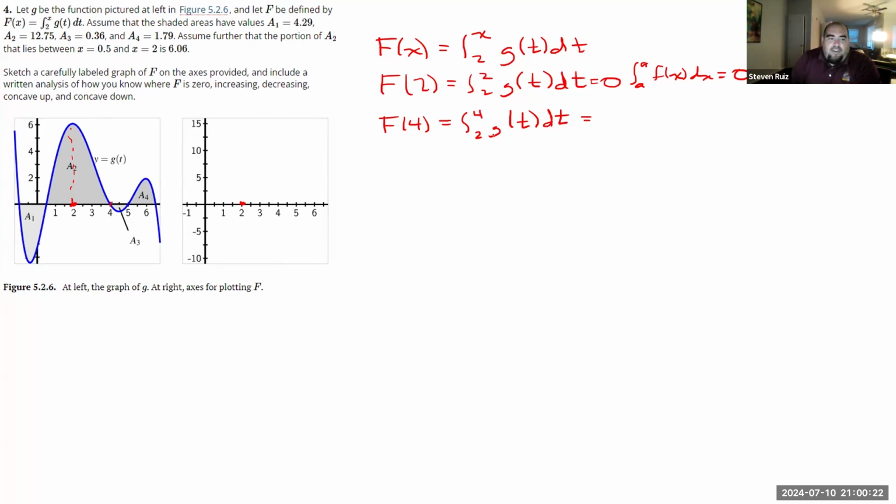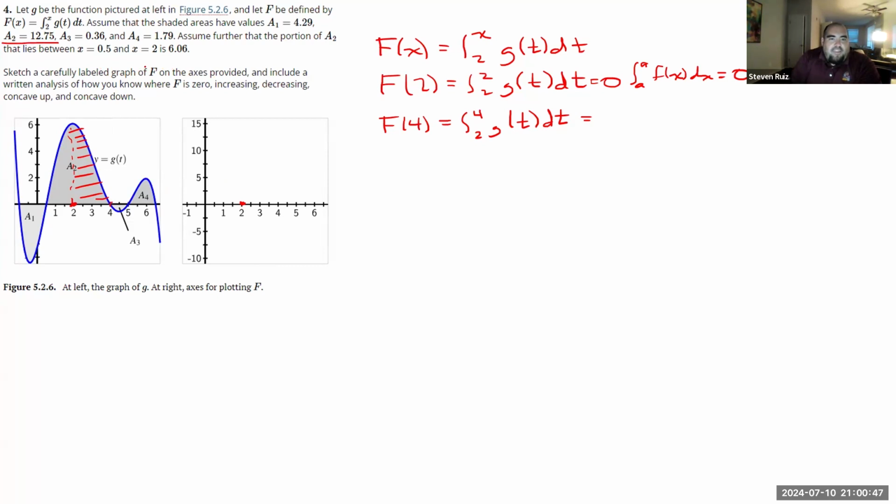So what is the value of this integral from t equals 2 to t equals 4? What I'm looking at here is, what is this area? One thing we're told is that area 2 is equal to 12.75.